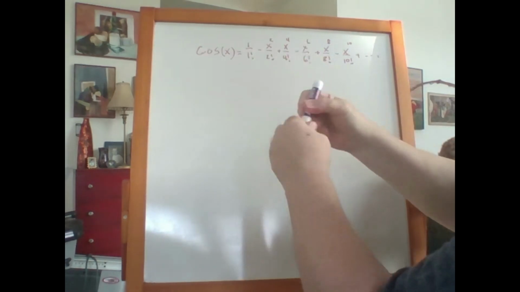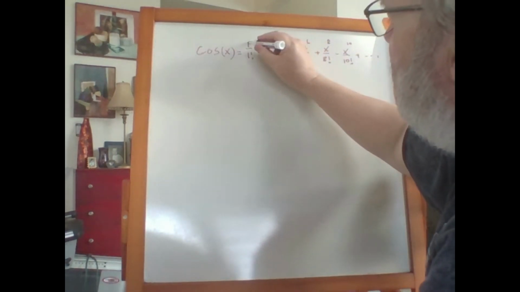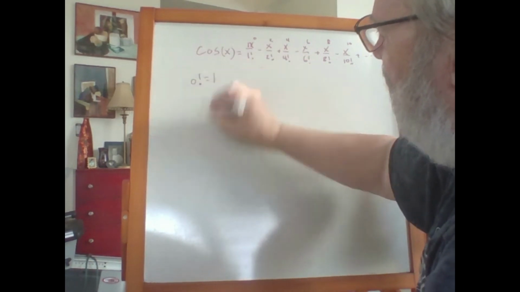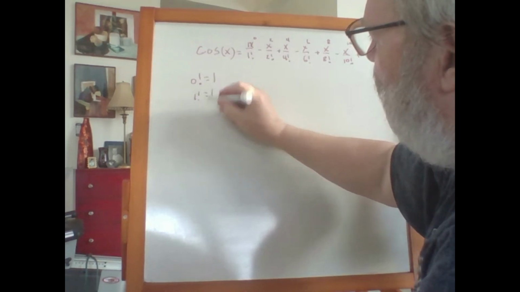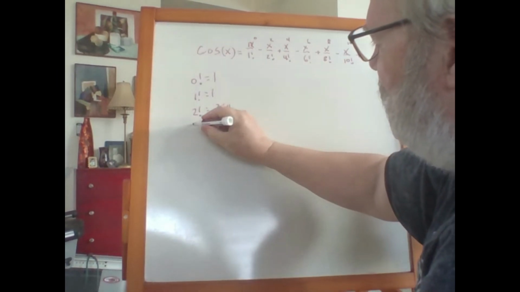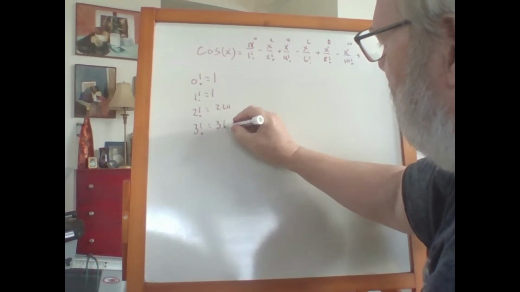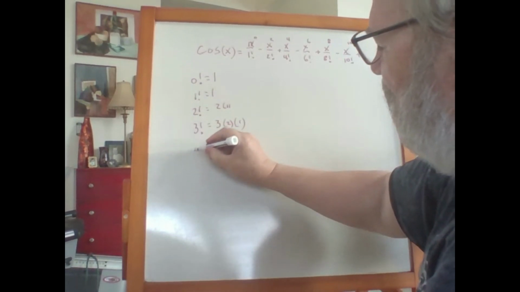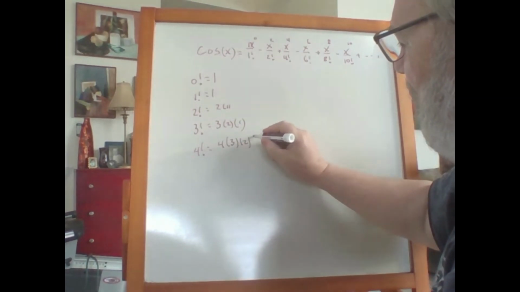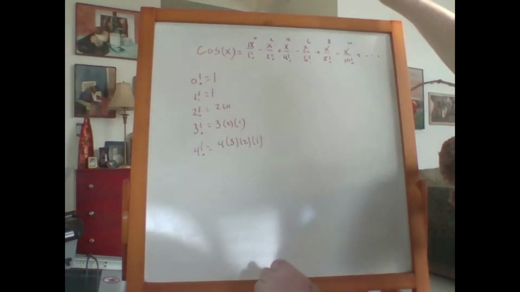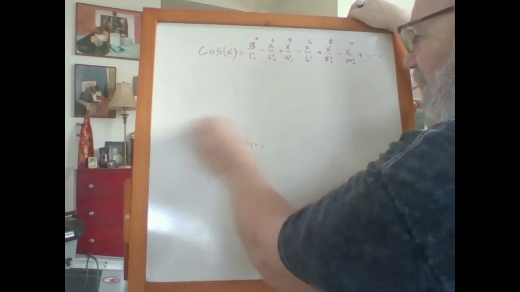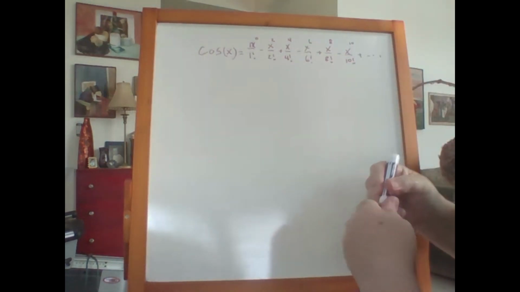Here we could say this is x to the 0, and remember 0 factorial is equal to 1, 1 factorial equals 1, 2 factorial equals 2 times 1, 3 factorial equals 3 times 2 times 1, 4 factorial, and so on. And so that recognition allows us to write this in a little more compact form.